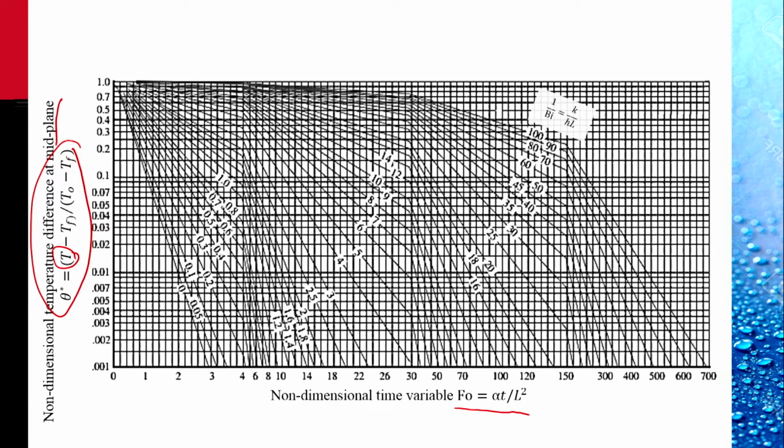So for a given time, I can calculate the Fourier number. I can go up. I go to the relevant value of 1 over Biot number and read the non-dimensional temperature difference at mid-plane from this scale, the Heisler charts that you would have done in a course in conduction.